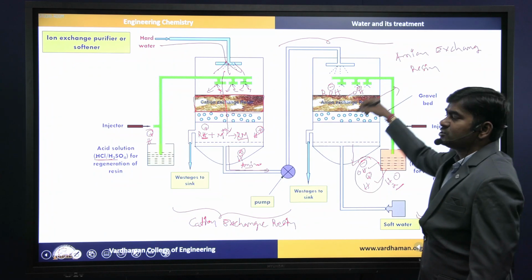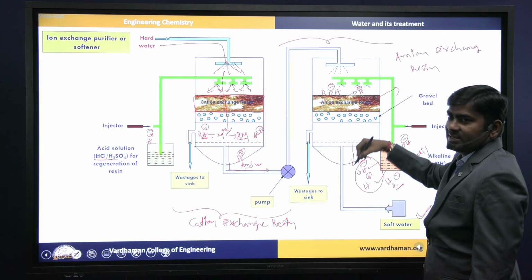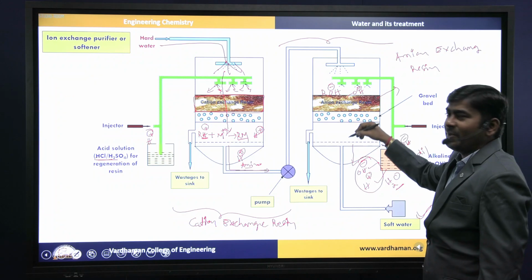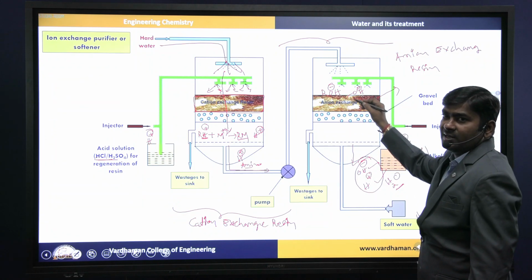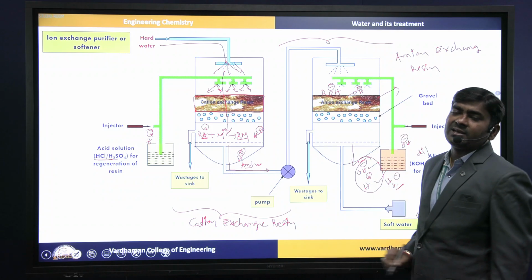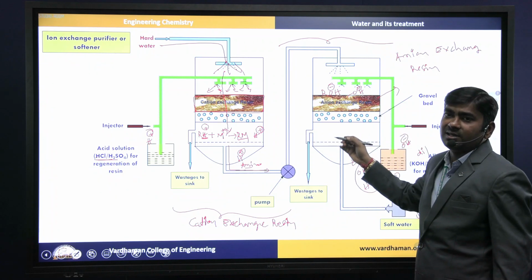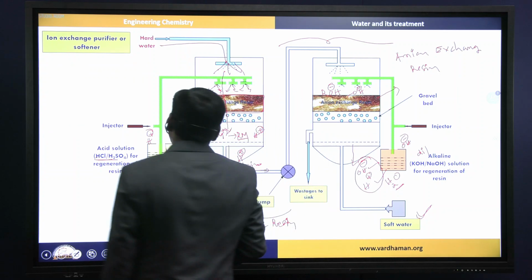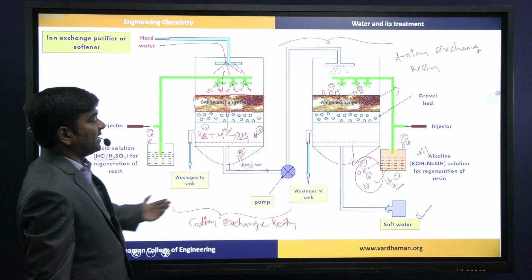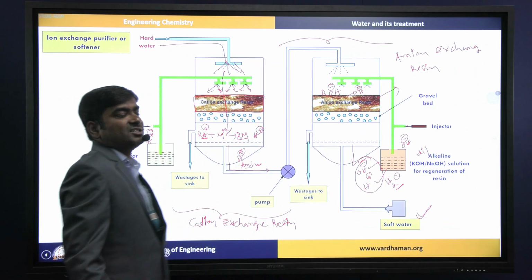Spray these dilute bases on the used anion exchange resin bed. The anion exchange resin bed is regenerated and ready for reuse. In this way we can regenerate both the cation exchange and anion exchange resin beds.